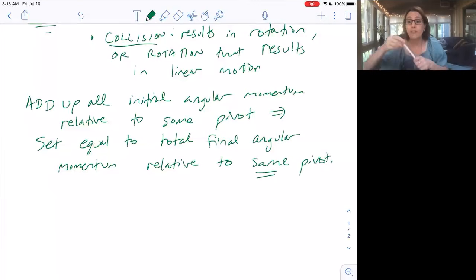Right? So if this is the case of something coming in and it strikes the rod and then it moves upward, this is the pivot point where the rod is pivoted, because that's where the final angular momentum, you're going to calculate it relative to that. So you have to be consistent with the pivot point before and after. All right, so there are quite a few examples for you to learn from, and that concludes the introduction to conservation of angular momentum. As always, let me know if you have any questions.